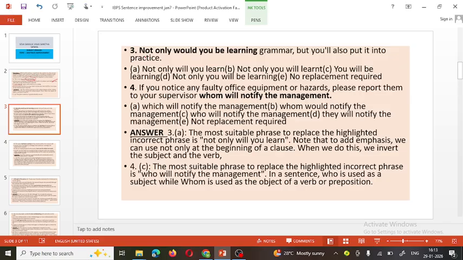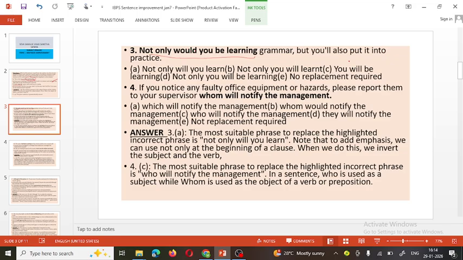Now the next example: not only would you be learning grammar, but you shall also put it into practice. Here a comparison is made between learning grammar and putting it into practice. See the option: not only will you learn grammar, but you shall also put it into practice.